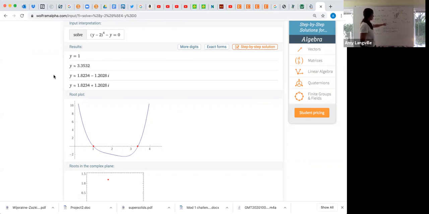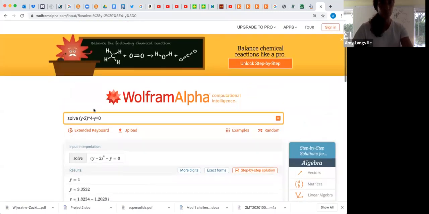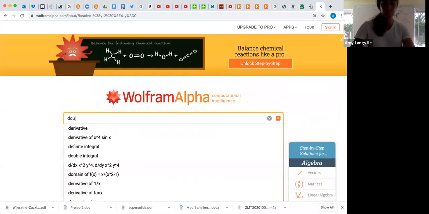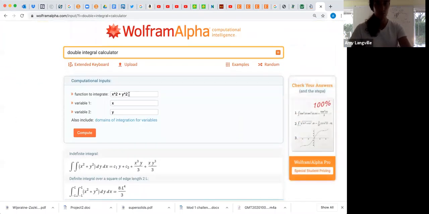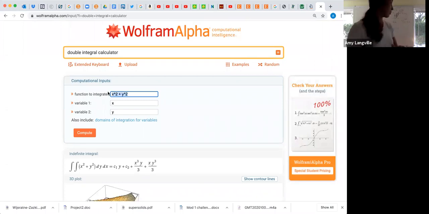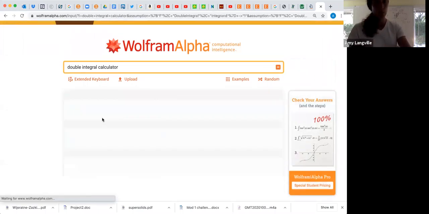It's not hard to do those integrations by hand, plug in, okay, there's some decimals, but just to show you one more time that while we're at Wolfram, there is a double integral tool. It's called a double integral calculator. We'd want to be integrating 1. And we do have domains.